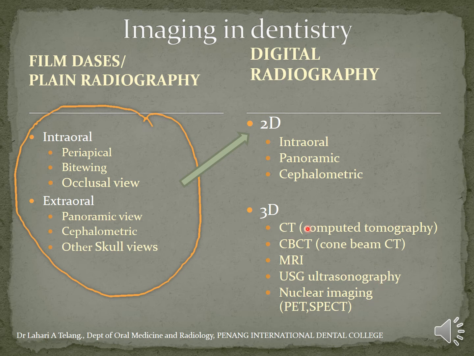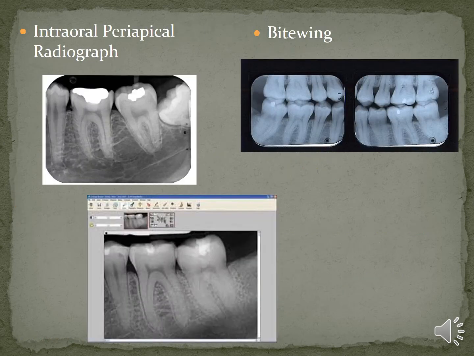Now all of these are not restricted to using X-rays alone. The MRI uses magnetic resonance, ultrasonography uses ultrasound and nuclear imaging uses other forms of radiant energy. So CBCT and CT are the ones which use X-rays. This is just basic to make you understand. We'll discuss all of this in detail in the coming lectures.